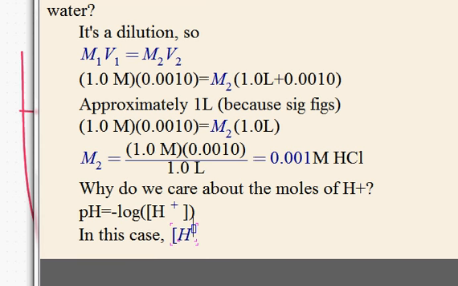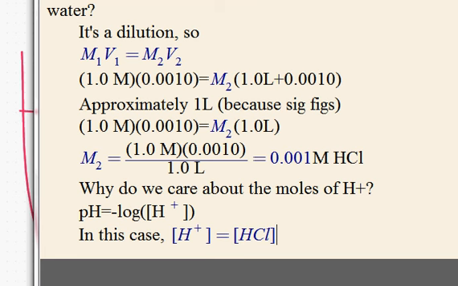In this case, H plus is the same thing as the concentration of HCl. Why is that? Because it's a strong acid, so all of it splits. Oh yeah, it is a strong acid.